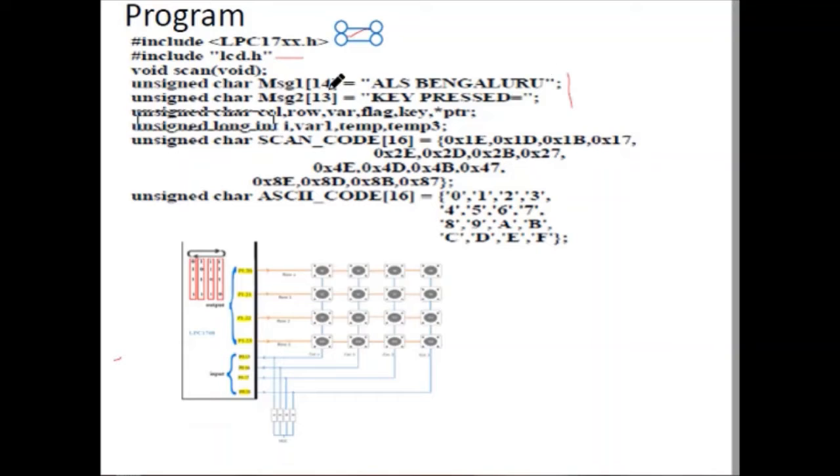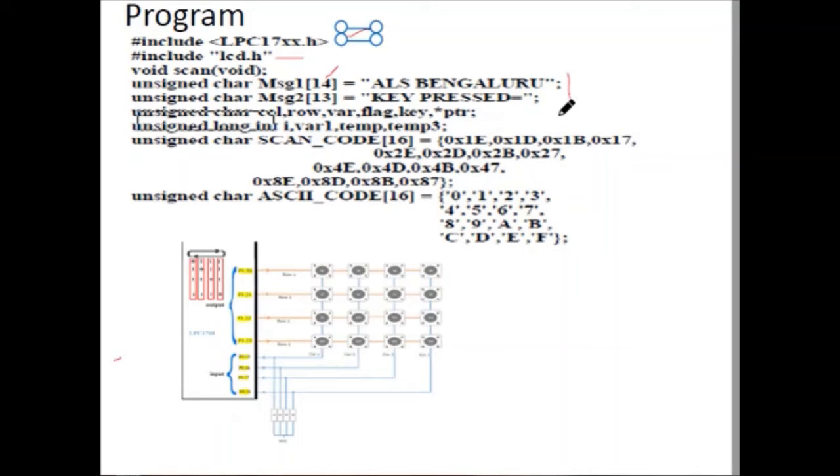Totally, it comes out to be 14 characters. So hence the value here is 14. And once you press the key, it will show you key pressed equal to, with a space. Together that comes to 13 characters. And after that we are using unsigned character values like column, row, variable, flag, key and pointers.